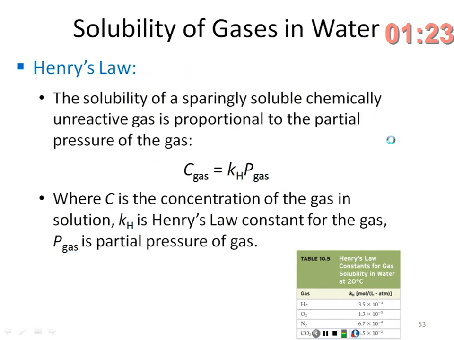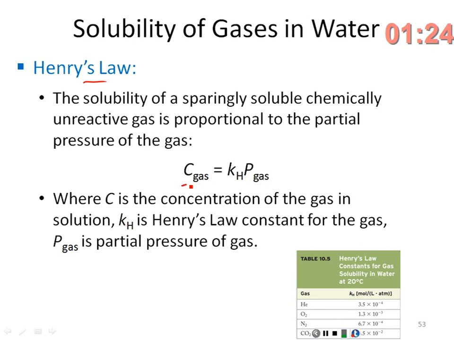When we talk about solubility, it's not just liquids. We can also talk about solubility of gases. And that's where Henry's law comes into play. Henry's law basically states that the solubility of a gas is proportional to the partial pressure of that gas.